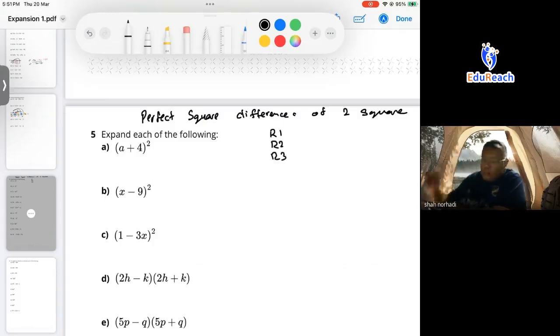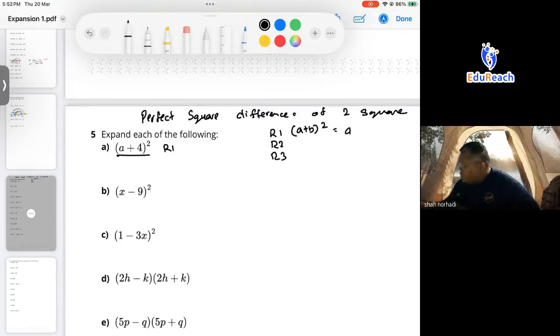So rule 1 will look something like this: a plus b bracket square. It is a variable plus a constant. Bracket, constant means number. A plus b bracket square. So how do you expand it? Using the algebraic identity is a square plus 2ab plus b square.